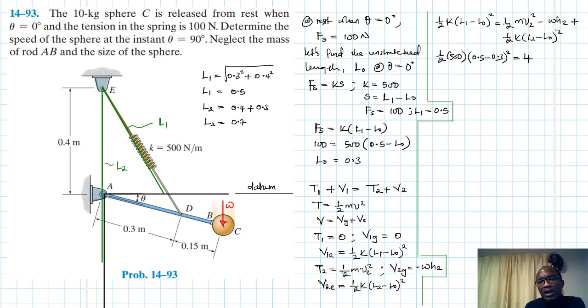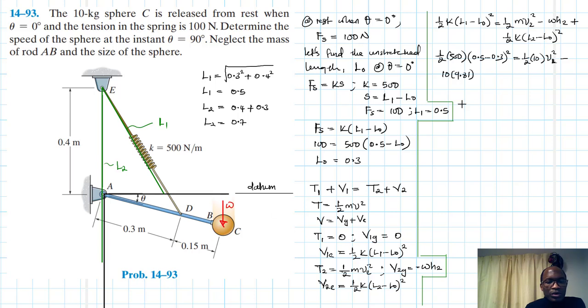This is equal to half, the mass is just 10, v2 is what we are looking for, minus W, which is 10 times 9.81, times h2.